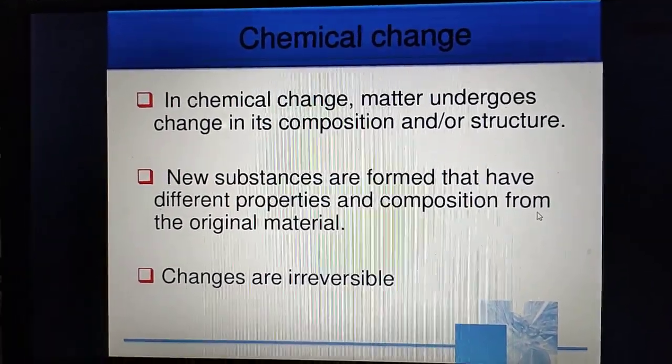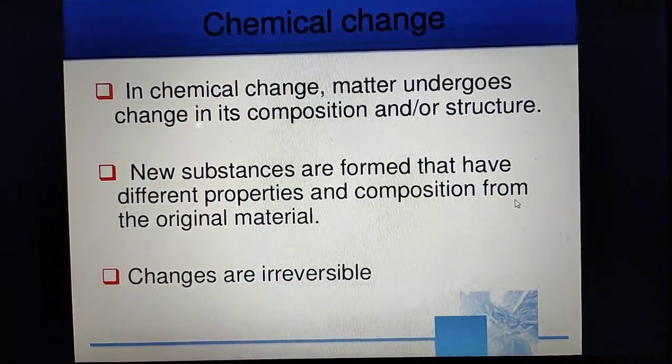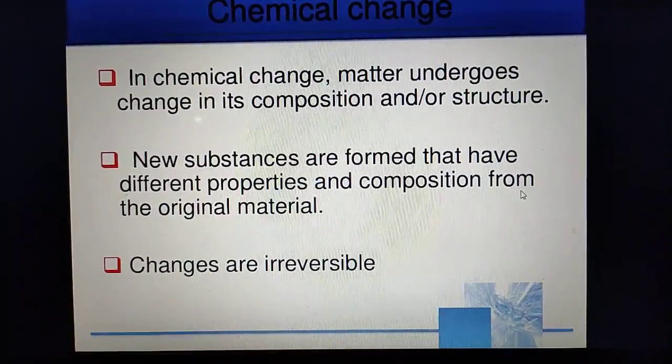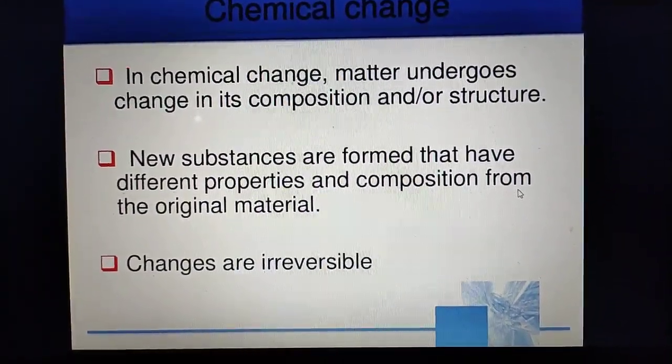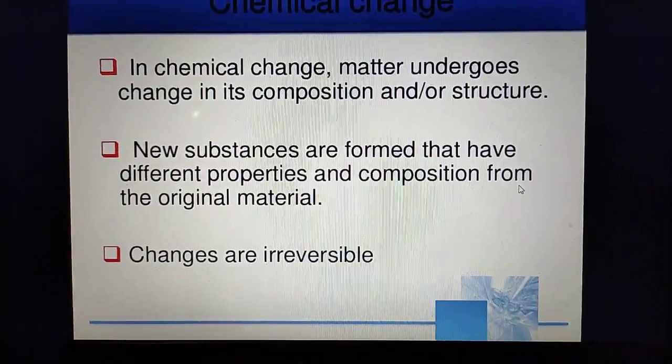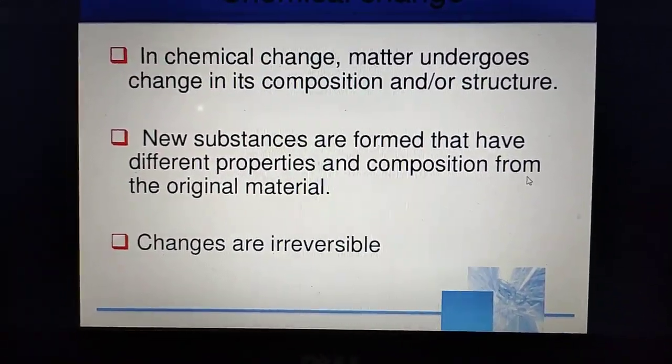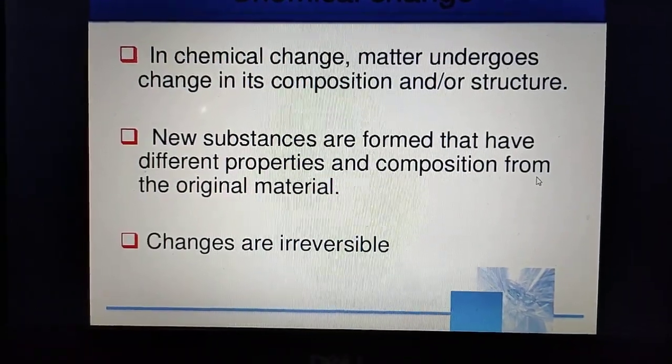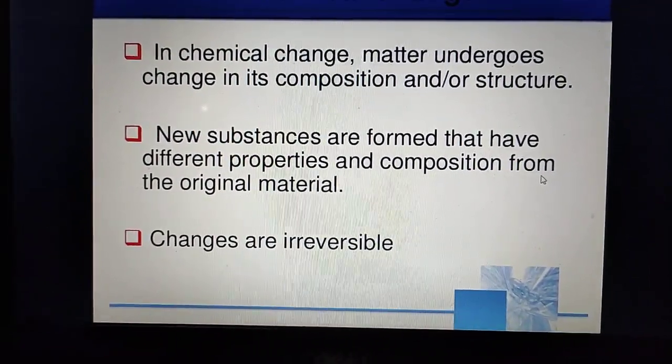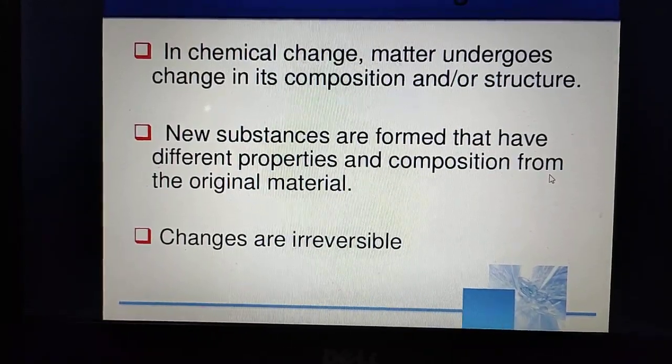Then what is chemical change? In chemical change, matter undergoes change in its composition or structure. Here new substances are formed that have different properties and composition from the original material.